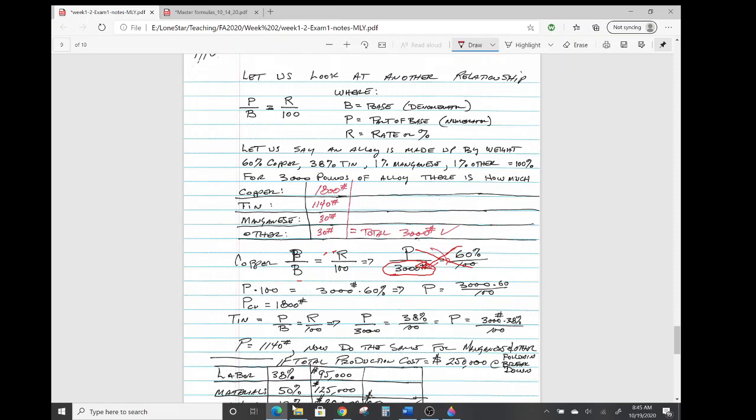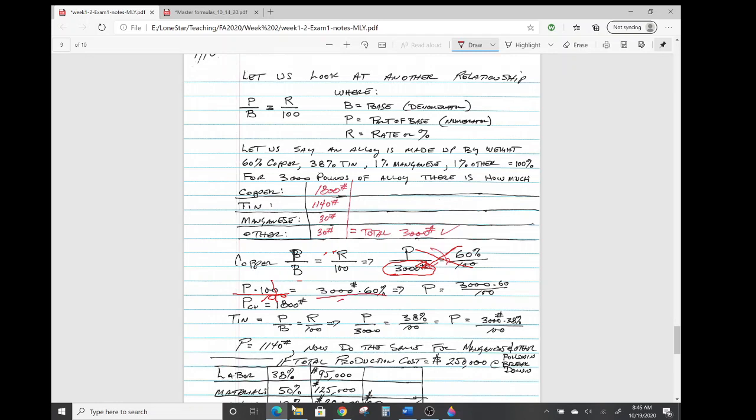We're going to divide 100 from this side to get the P by itself, right? Remember? We're going to divide by 100. That makes that go away.